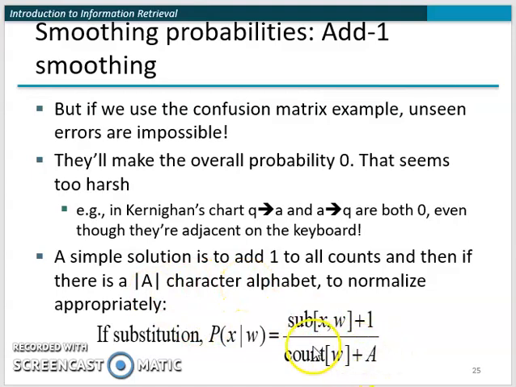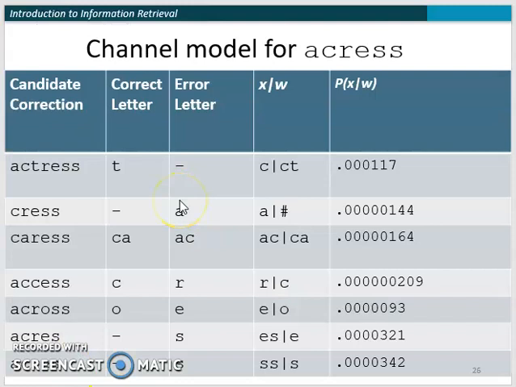So for every character we are actually adding cardinality of A number of ones. That's why we are adding A in the denominator and 1 in the numerator. So now we have all the counts for all these possible edits, and using these we can find this channel model probability using the formulas given on previous slides.